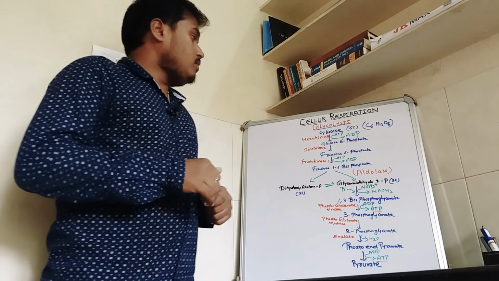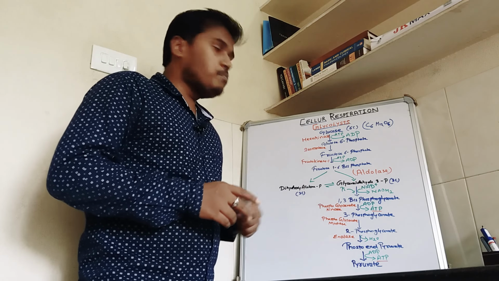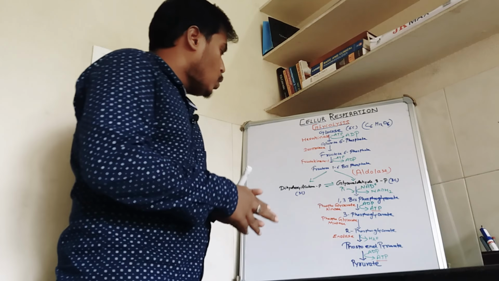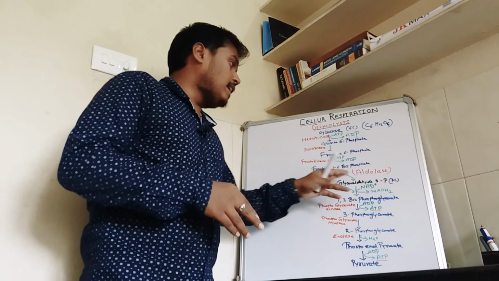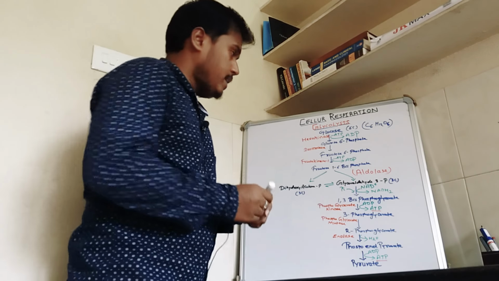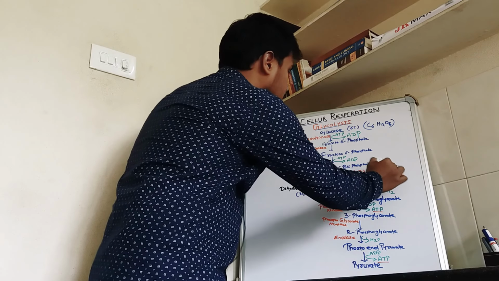Now the most important step of glycolysis: here fructose 1,6 bisphosphate will split into two compounds, that is dihydroxyacetone phosphate and glyceraldehyde 3 phosphate. Remember, up to here glucose is 6 carbon and fructose 6 phosphate is also a 6 carbon compound.